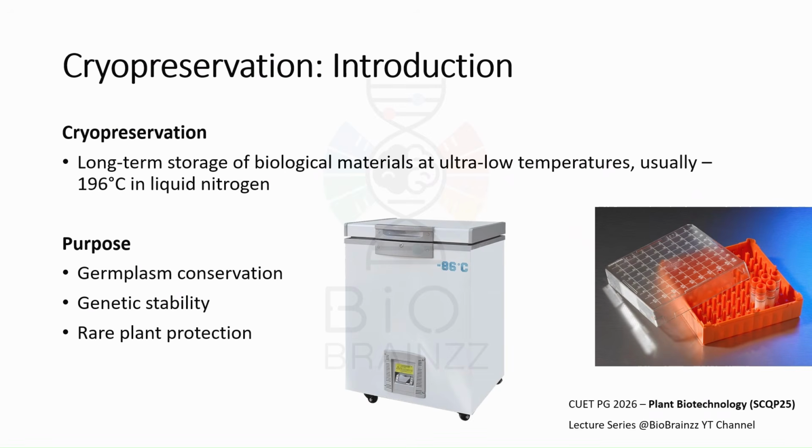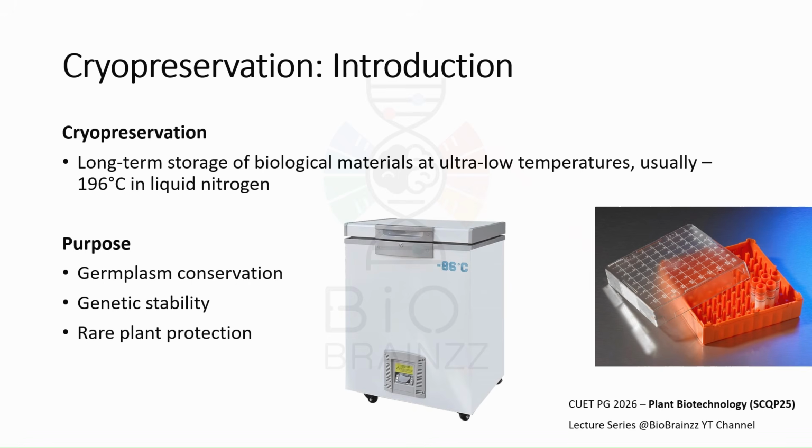Cryopreservation is defined as the storage of biological materials at extremely low temperatures, typically minus 196 degrees Celsius, which is the temperature of liquid nitrogen. At such low temperatures, all metabolic and enzymatic activities practically stop, meaning that tissues can be stored for years or even decades without aging or genetic change.